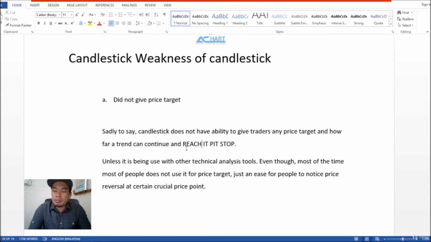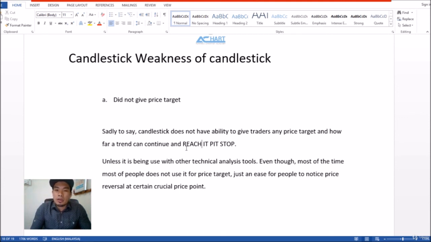The maximum number of candles that people can rely on candlestick for is around 4 candles. After that you can't really use candlestick to predict. It can only be used for prediction in a short time frame. That's why candlestick is only about short time frame movement.